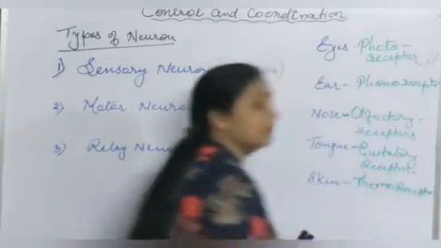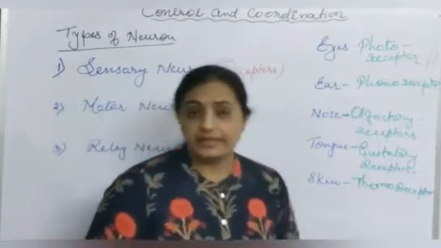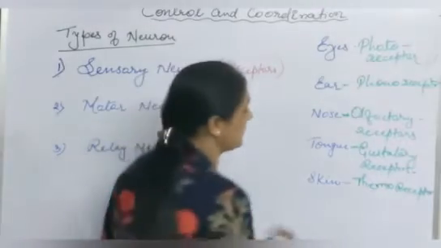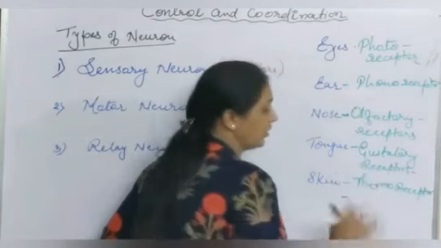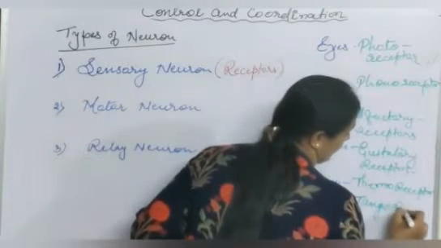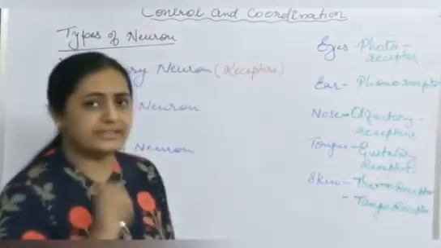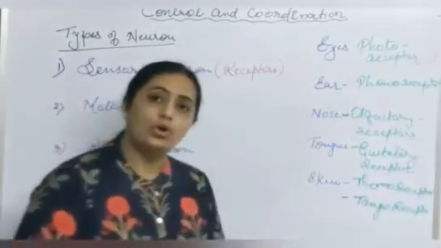So in skin, there are neurons which are able to detect temperature, heat and cold, called thermoreceptor, whereas to detect hard and soft objects, they are called tangoreceptors. We are able to find out hard and soft material, so that is called tangoreceptor.